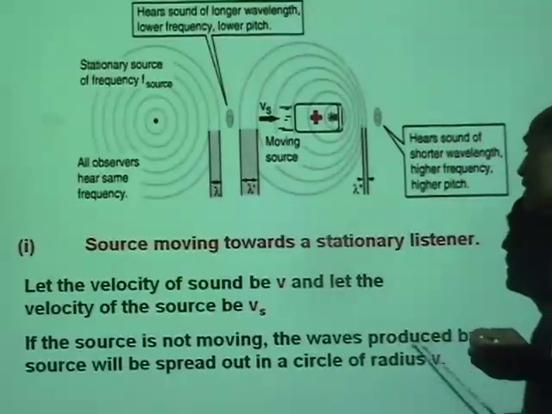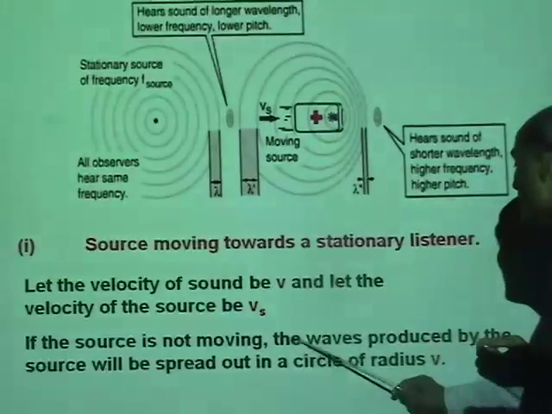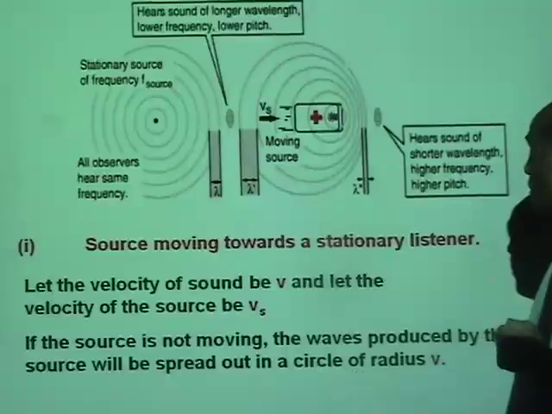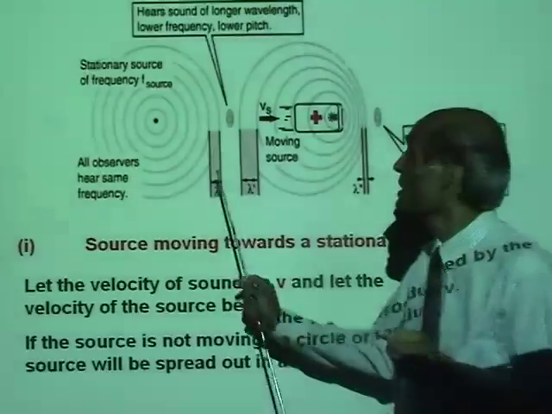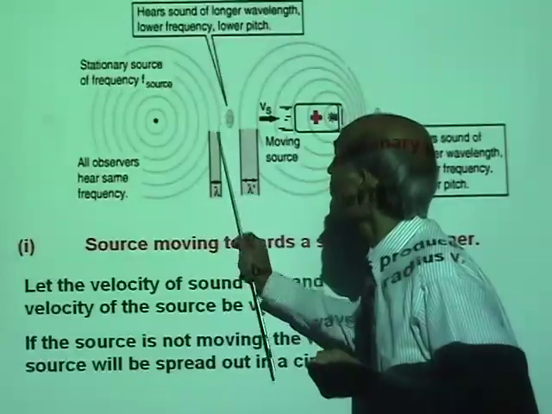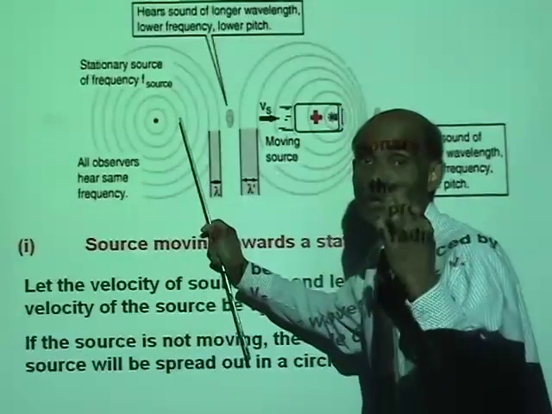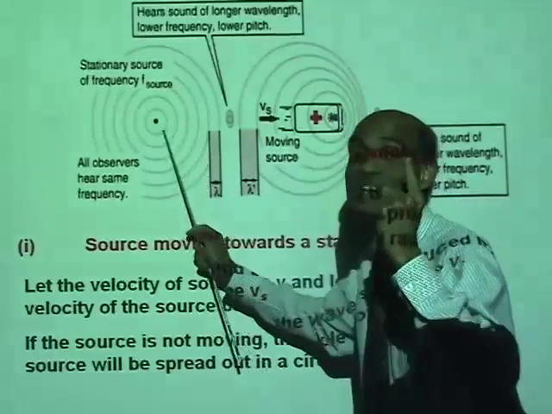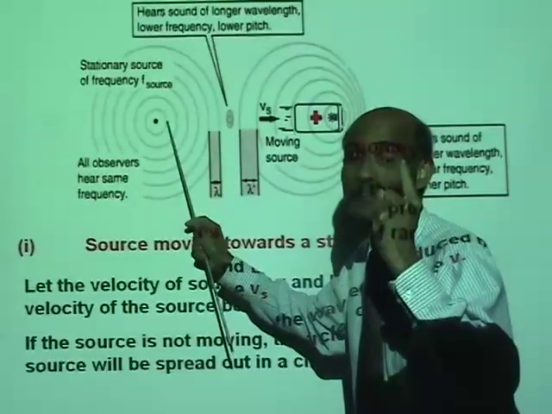The waves produced by the source will be spread out in a circle of radius V. So if this is the circle of radius V, all the waves produced in 1 second will be in that circle. Is that right?